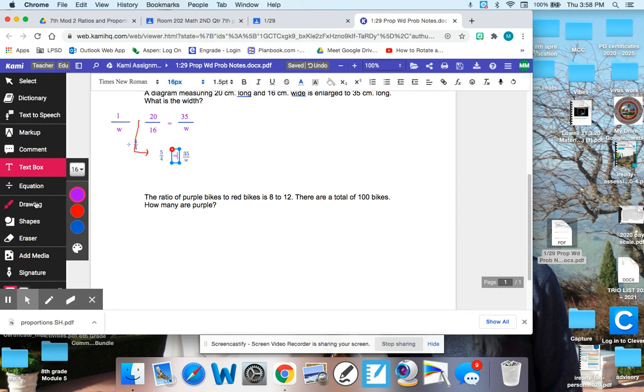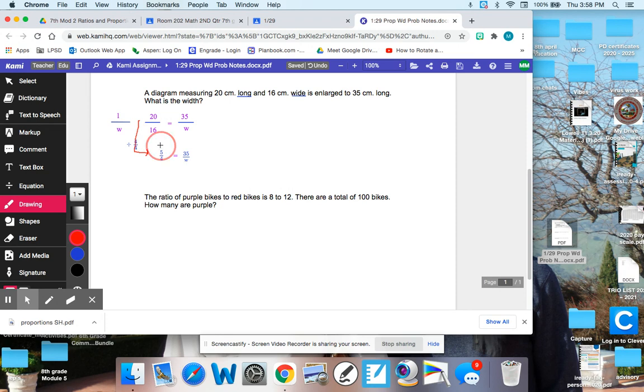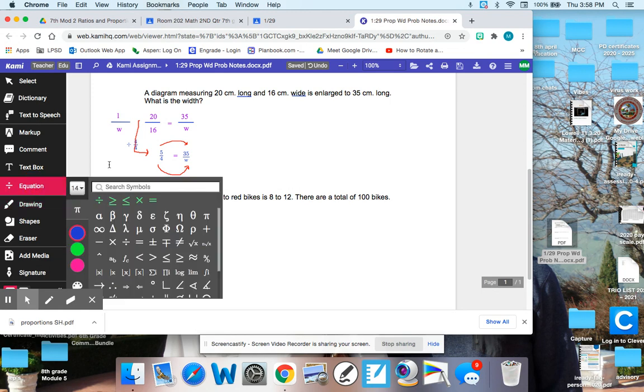So now I can go from 5 to 35, and I can go from 4 to W by multiplying by 7. So I am going to put this up here. We're going to multiply by 7, and we are also going to multiply by 7.